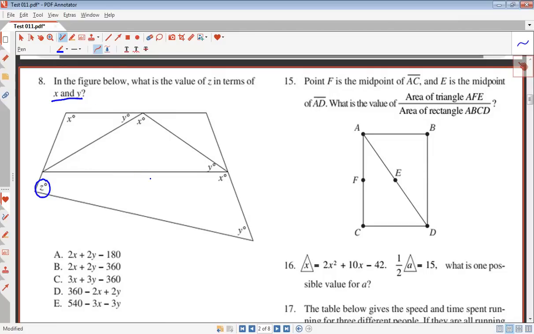To be easy to follow, I think we need to use some notations more. This one is angle C, angle A, angle B.